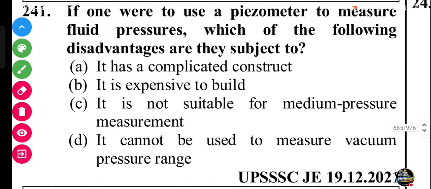Okay, friends, next question. If one were to use a piezometer to measure the fluid pressures, which of the following disadvantages is it subjected to? It has a complicated structure, it is expensive to build, it is not suitable for the medium pressure measurement, it cannot be used to measure the vacuum pressure range.